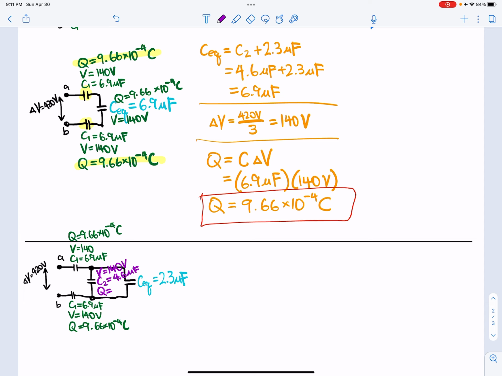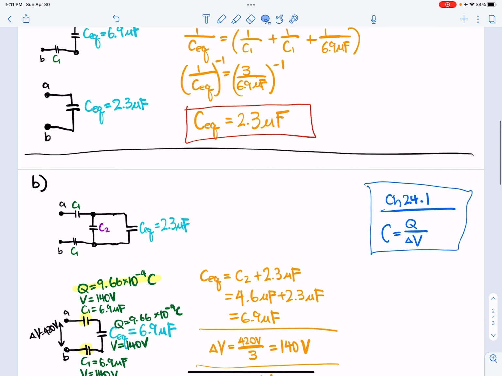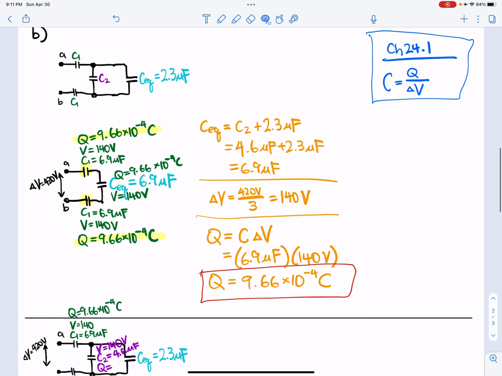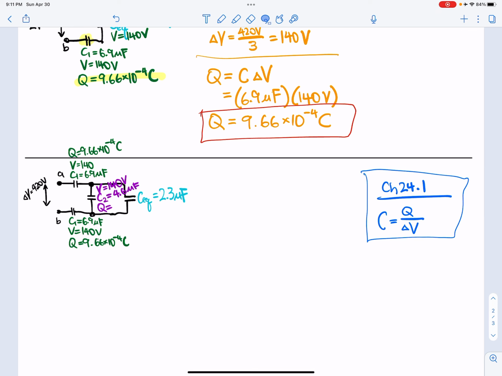To find the charge, I will use this formula from chapter 24, section 1. So my Q will be equal to C times delta V, which is equal to 4.6 microfarads times 140 volts.